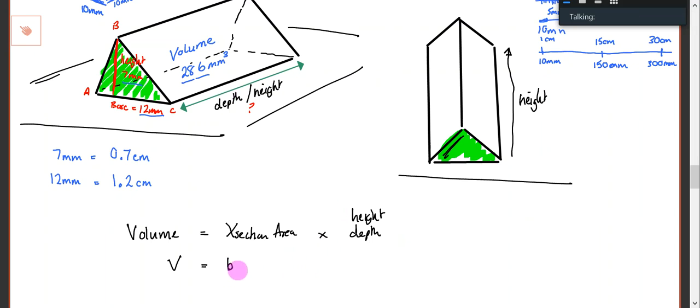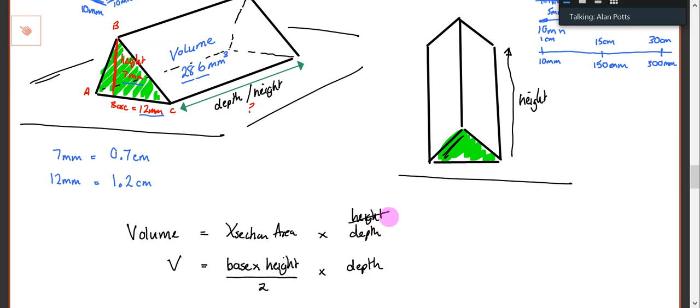Base times height divided by 2. Good. And then we multiply that by the depth. I'm going to call it depth because I've got a height here, and I don't want to confuse it with the same number.